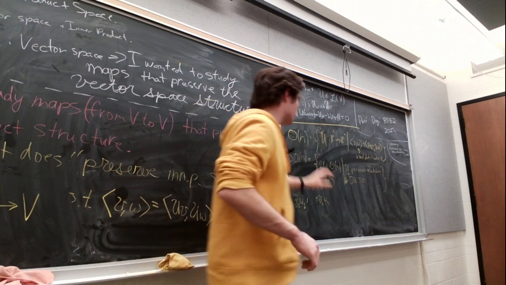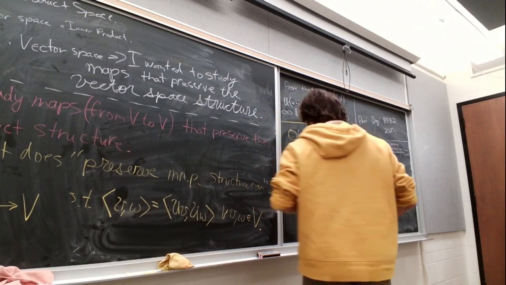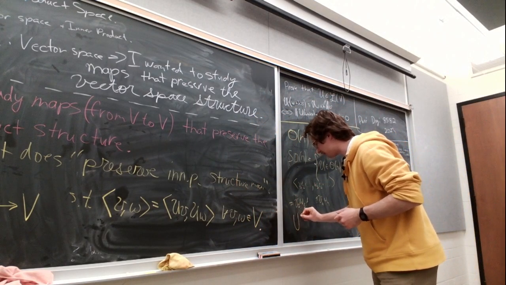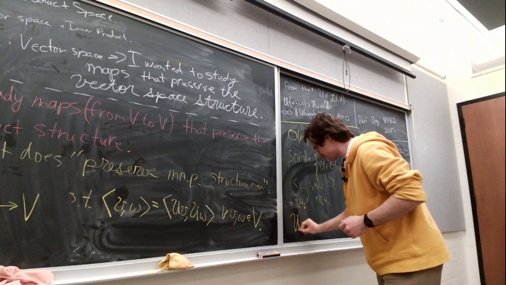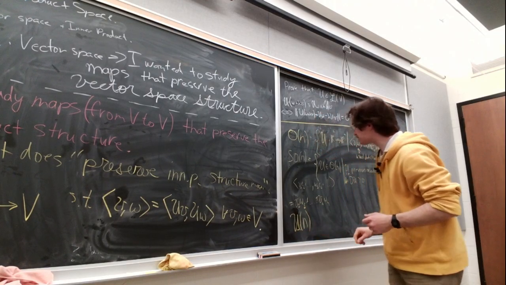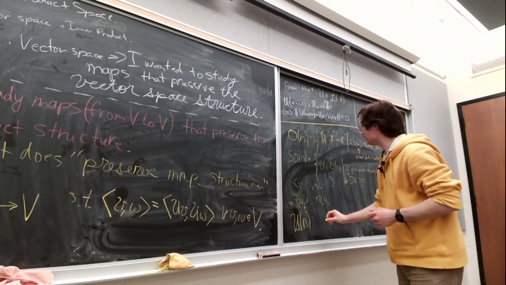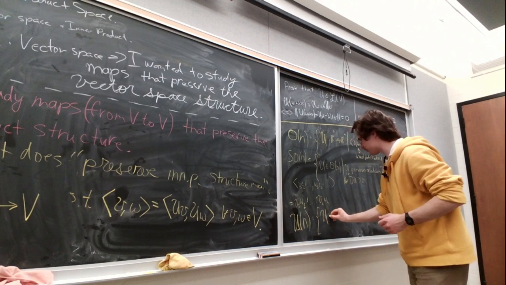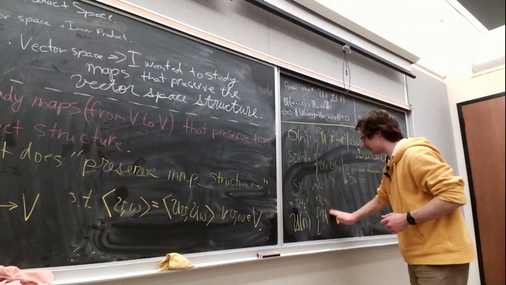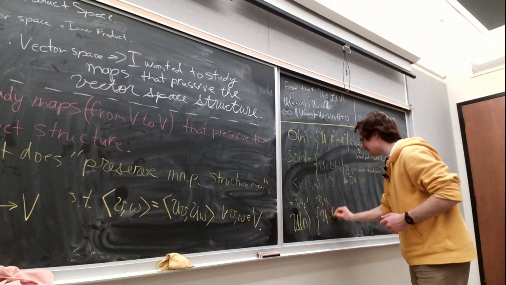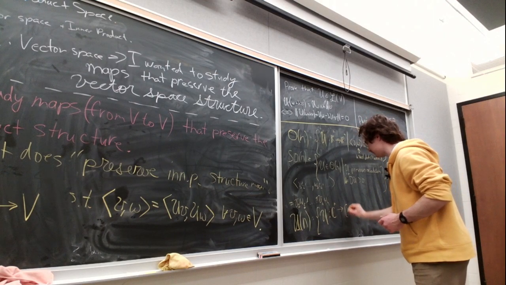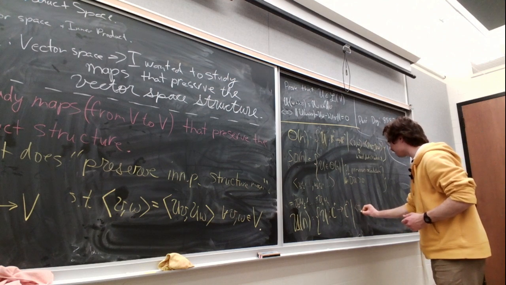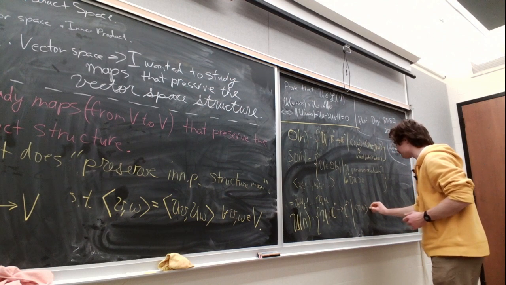Let's not talk about this. So now we're going to define, and this is where it gets confusing, UN, and this is going to be all maps from CN to CN such that they preserve the complex inner product on CN.